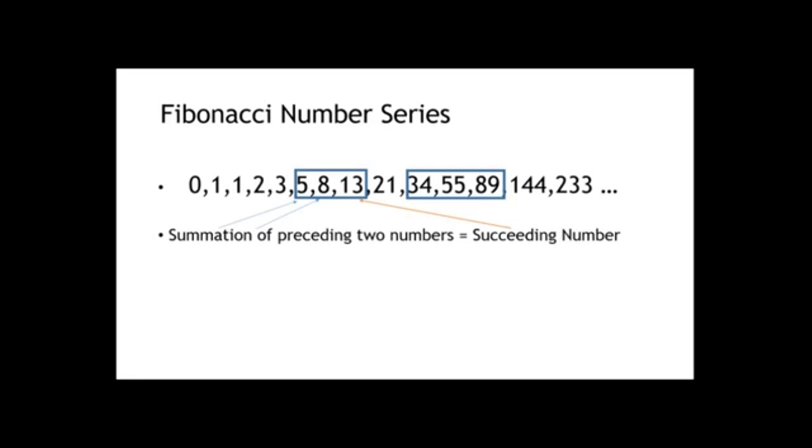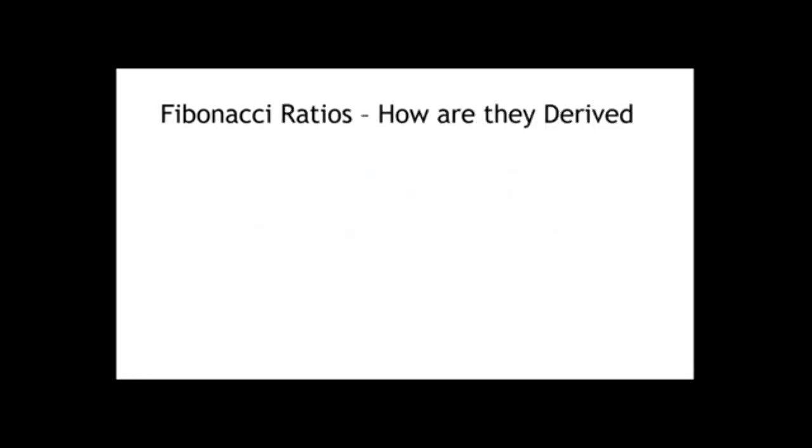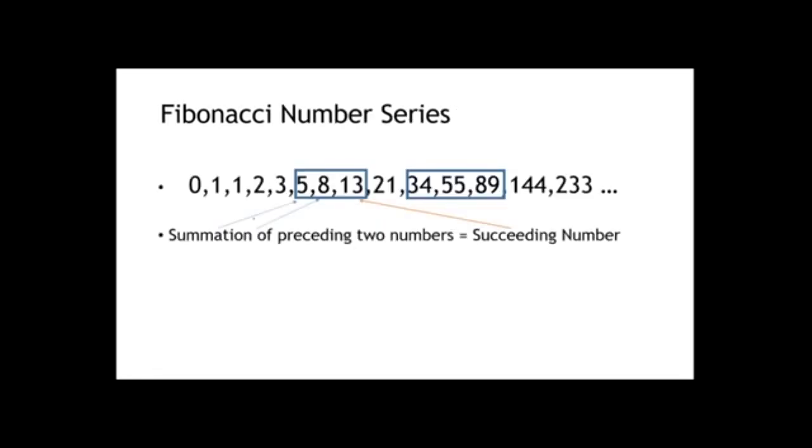However, this number series is actually used, and various percentages are derived from it, which are extremely useful in the financial markets while looking into charts. So I'll request everyone to pay a little more attention here. Okay, I have this number series which someone derived hundreds and hundreds of years back.